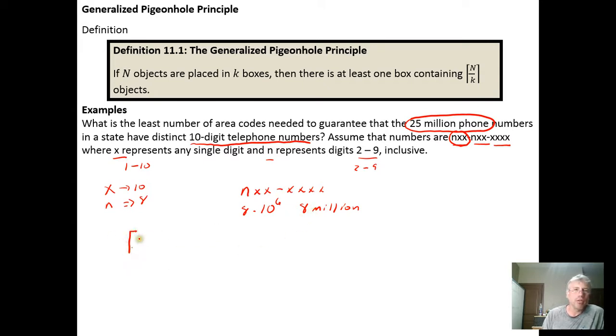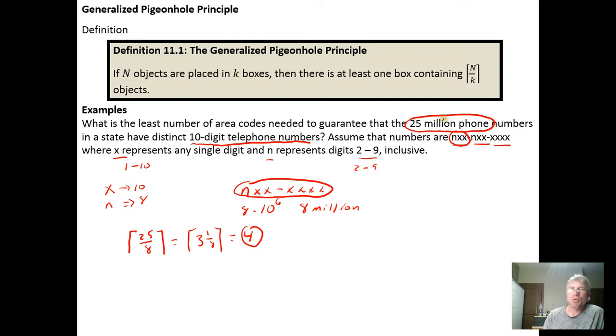So if I do 25 divided by 8, which is what, 3 1/8? This rounds up to 4. So what this 4 tells me is that from these 25 million phone numbers, there's going to be at least 4 numbers that match exactly with this NXXXXXX pattern.